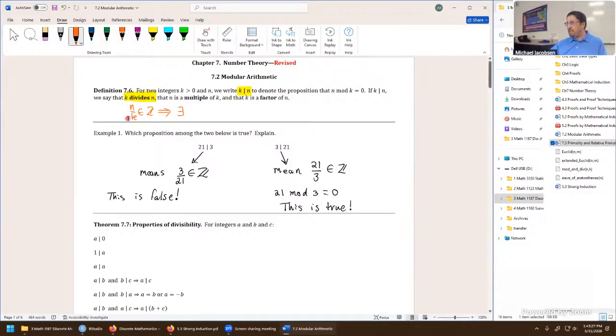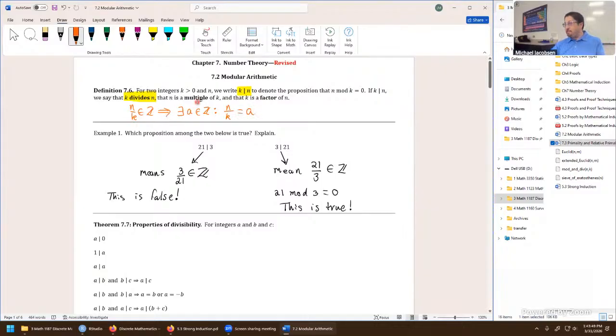some, I can't use k, it's already been used. I don't want to use a subscript. Let me use a different value. Let's say, how about a? There exists an integer a in z such that if k divides n, that means when we divide it, we get that integer a.